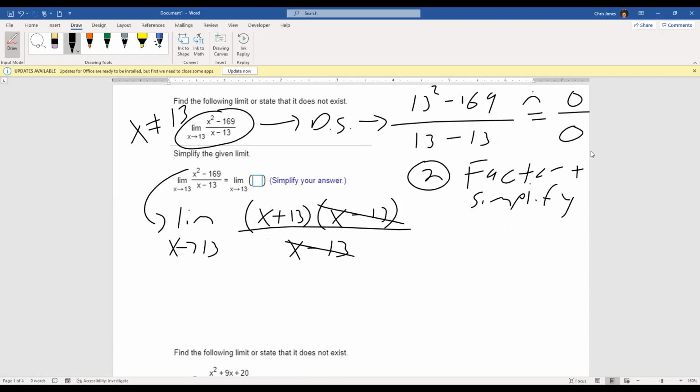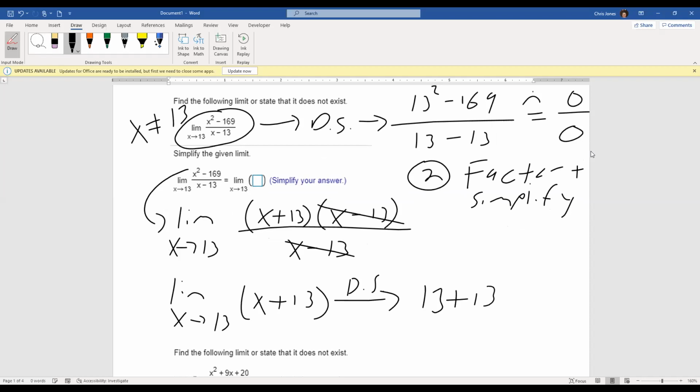We're left with a really nice limit: the limit as x approaches 13 of x plus 13. Now we can use direct substitution. We get 13 plus 13, and that's 26.